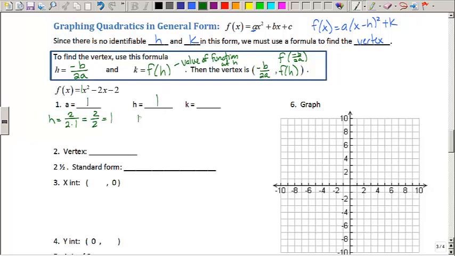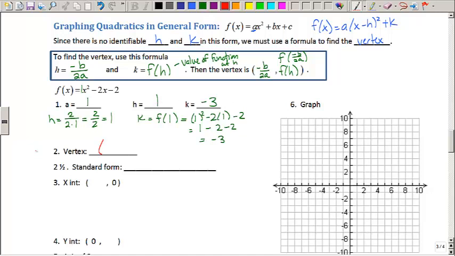To find my k, I'm going to evaluate the function at 1. F of 1 is 1 squared minus 2 times 1 minus 2, or negative 3. So my k is negative 3. Now that I have my h and my k, the rest of the steps follow as we've done previously.